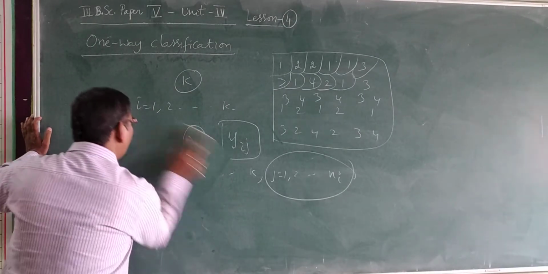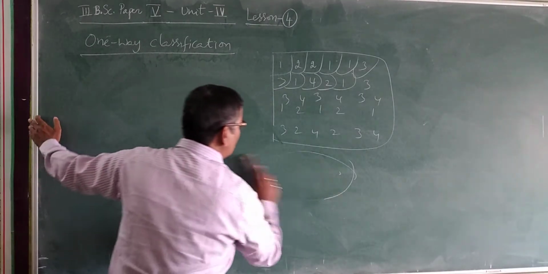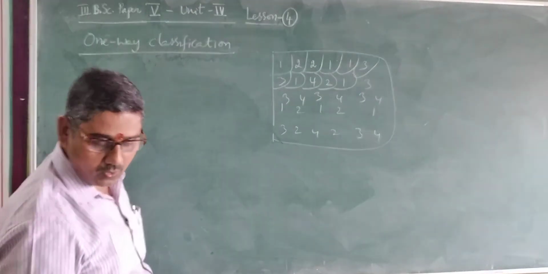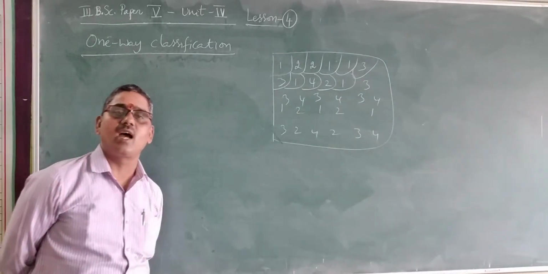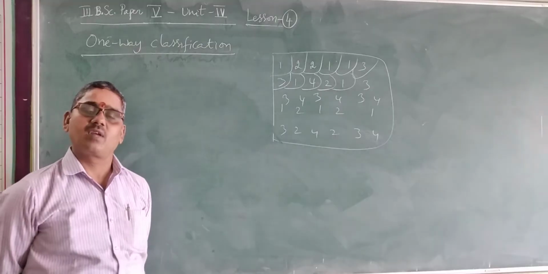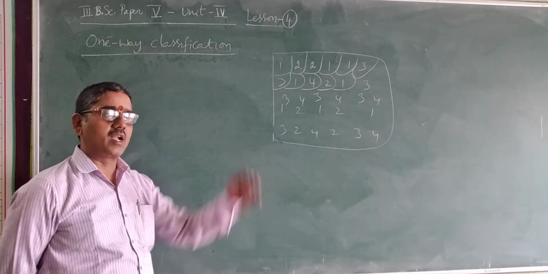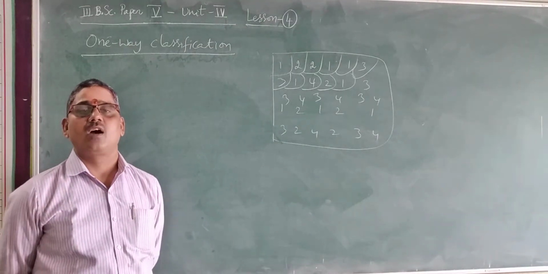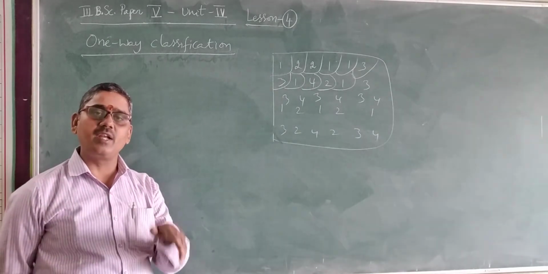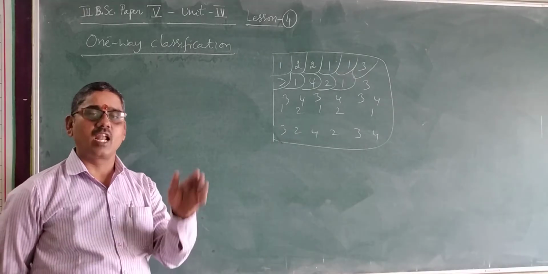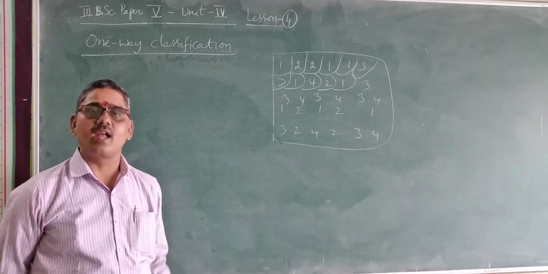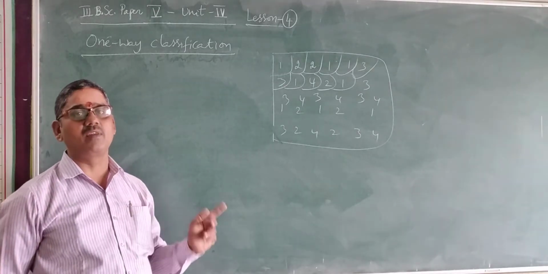Now, the variable capital Y is divided into n observations Yij, i equal to 1 to k, j equal to 1 to ni, which are classified into k classes. Each treatment is applied n1, n2, and so on nk times. Now it is going to be tabulated.